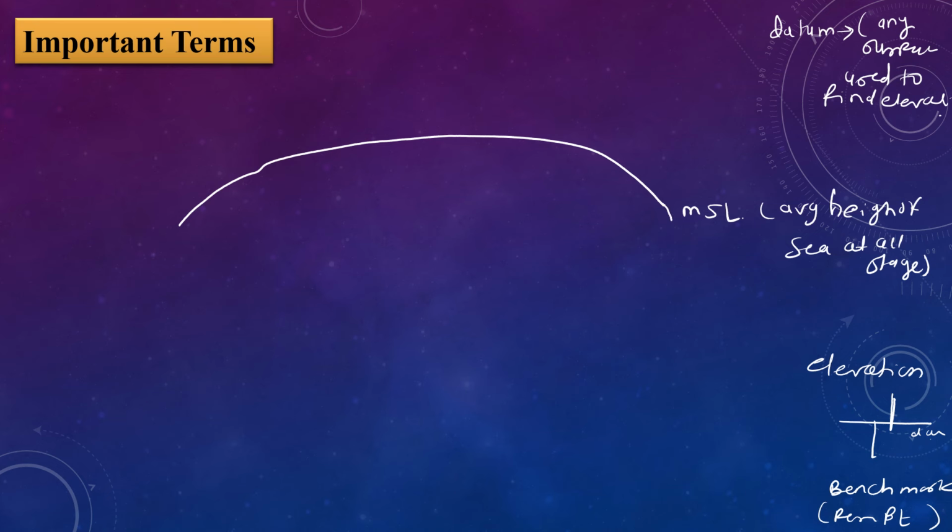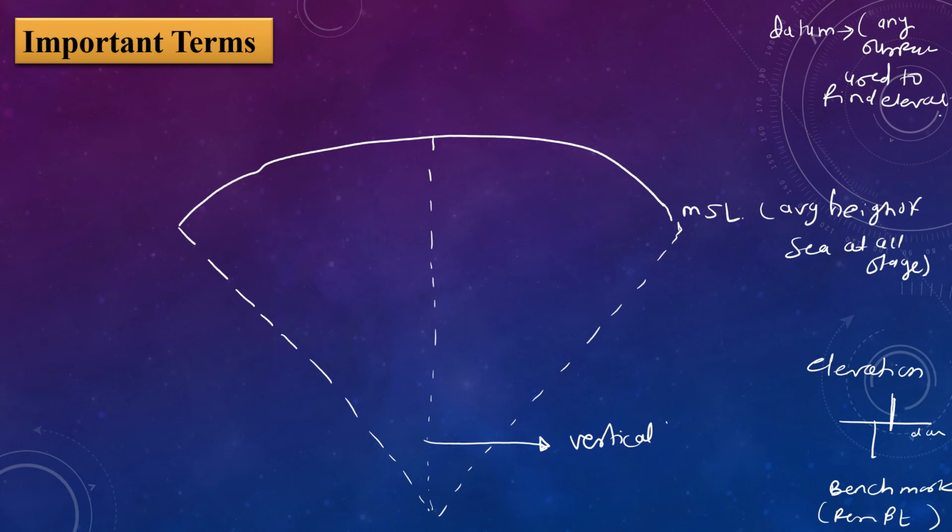So this is the mean sea level, and these are the plumb lines which intersect at the center of earth. These are the normal plumb lines, and this is the perpendicular plumb line for this particular figure. If the plumb line is perpendicular, this is also known as vertical line or plumb line. These are the three plumb lines here.